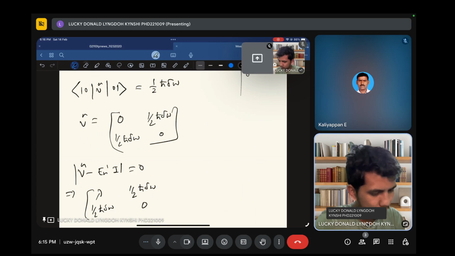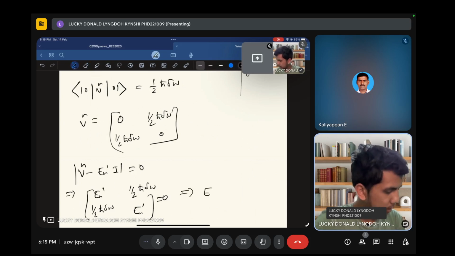Oh, sorry, this is not lambda, it's confusing. You can write E n 1, something like this, and here also E n 1. So this is equal to 0, which implies that what will happen? You can get E n 1 is equal to, this is just the determinant of the matrix, which is equal to plus minus half h cross delta omega.